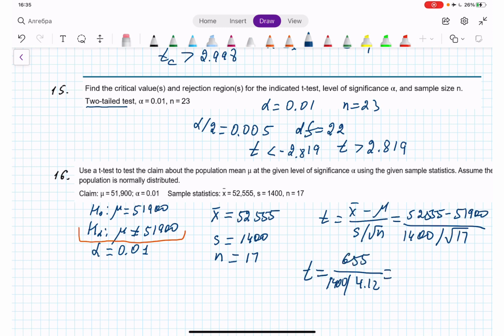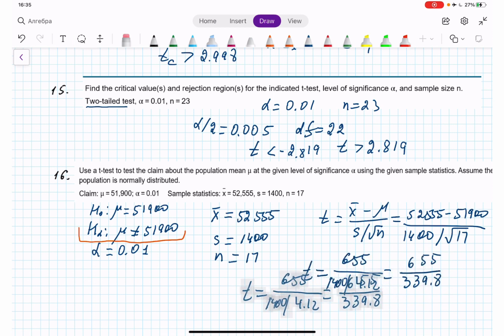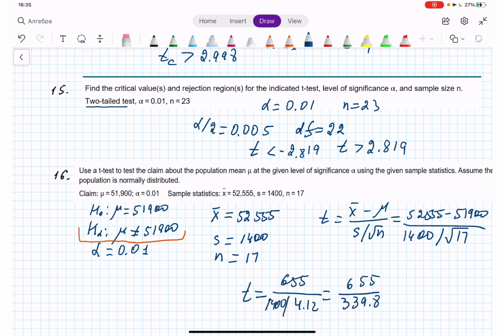So from here, 1400 divided by 4.12, I'm getting 339.8 and 655 in numerator, and result is going to be, let me see, 655 divided by 339.8, and we are getting 1.93.